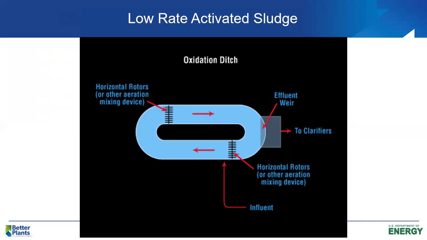And because of the high rate of water movement through the channel, it typically only takes about 5 to 15 minutes for the mixed liquor to make one loop around the ditch. So in essence, it operates as a completely mixed activated sludge process because of that short circulation time around the reactor.